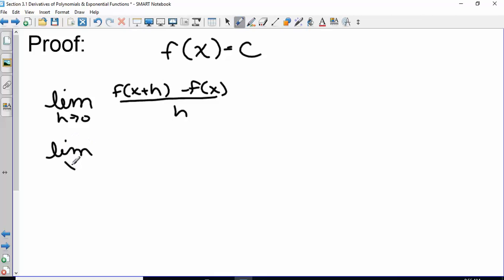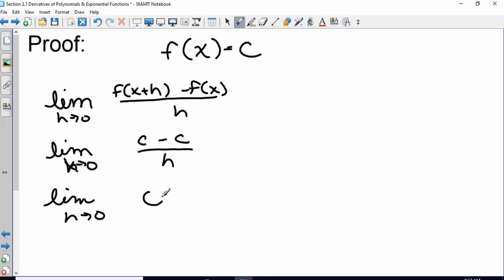F of x plus h, if you plug an x plus h in for your variable, there is no variable, so it's just c, minus f of x is just c, over h. C minus c is 0, so you get the limit as h approaches 0 of 0, which is 0.